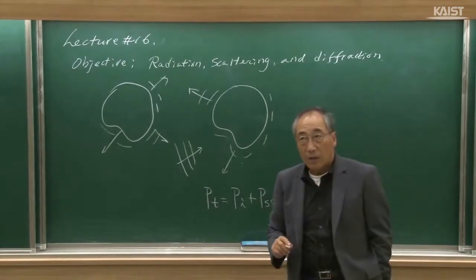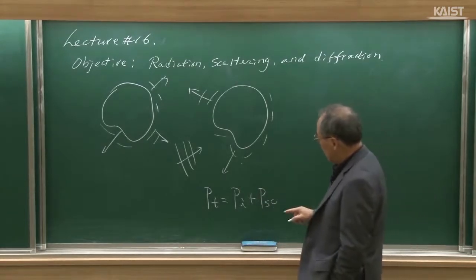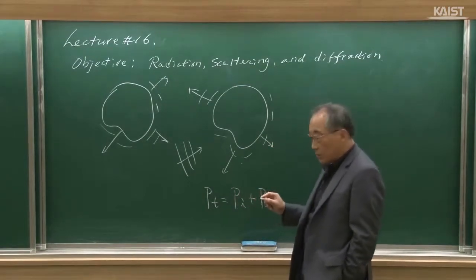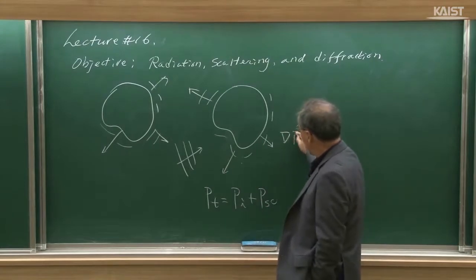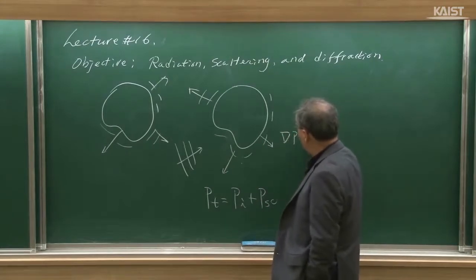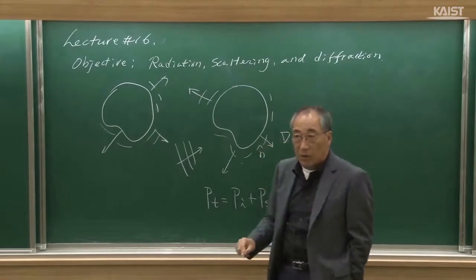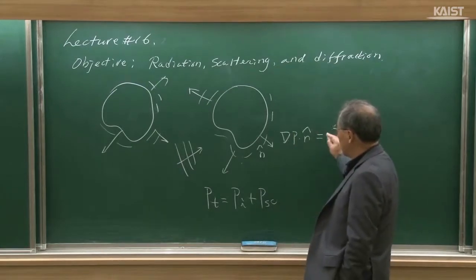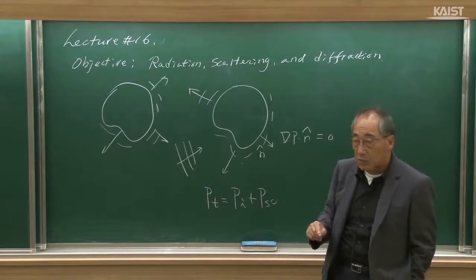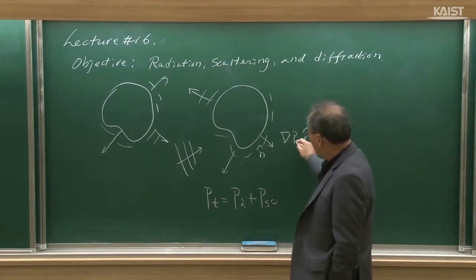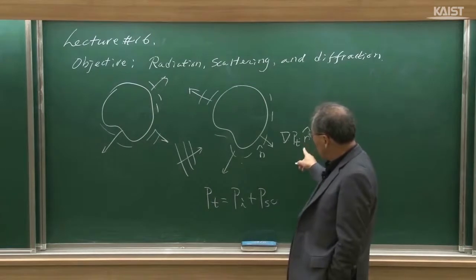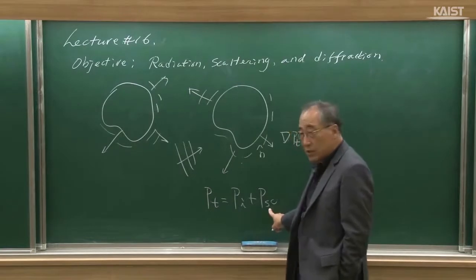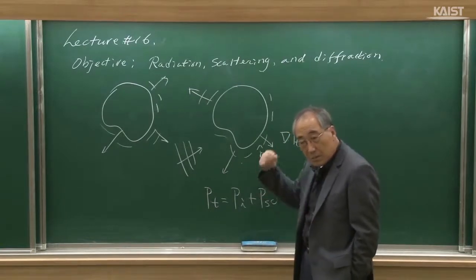And we found in the last lecture that pt has to satisfy the rigid wall boundary condition. In other words, dp/dn, where n is the surface normal vector, has to be 0. In other words, the velocity of the surface has to be 0, and this has to be pt. So if we use this, and if you know pi, then we can certainly estimate psc. That's the basic concept.